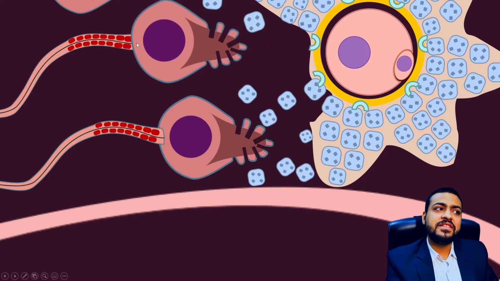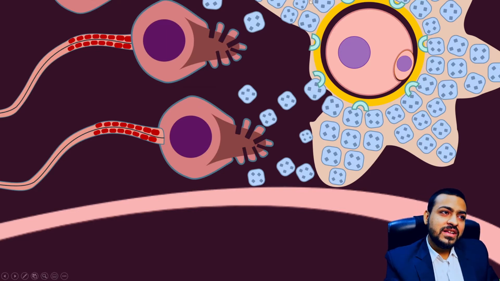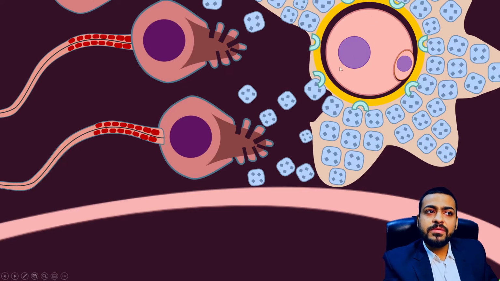But here is the sad news for these two sperms. Why is there sad news for them? Because although they have successfully penetrated the corona radiata, they also have to penetrate through the zona pellucida in order to meet the prince's oocyte.